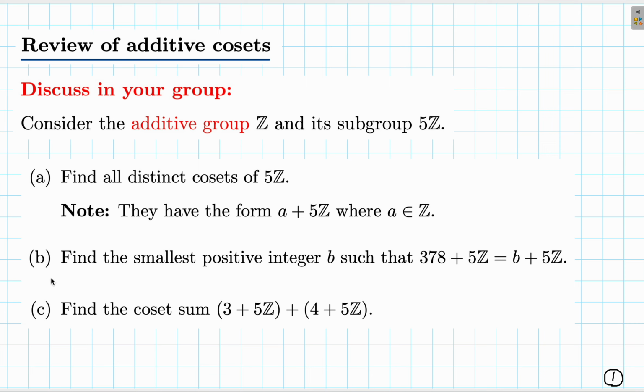Part B, find the smallest positive integer b such that the coset 378 plus 5Z is equal to b plus 5Z. Then part C, find the coset sum 3 plus 5Z plus 4 plus 5Z. So if you could pause the video and work on these questions, and we'll go over them shortly.